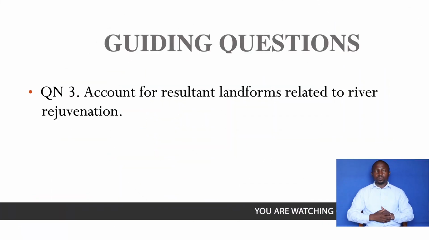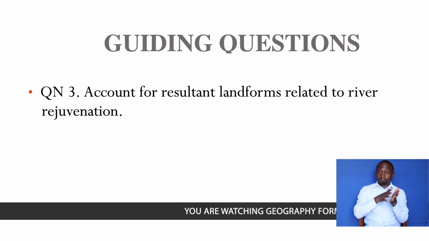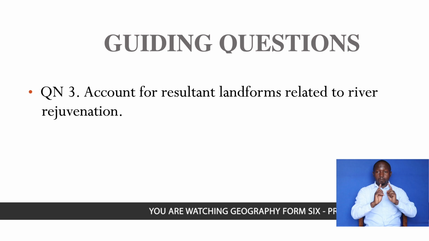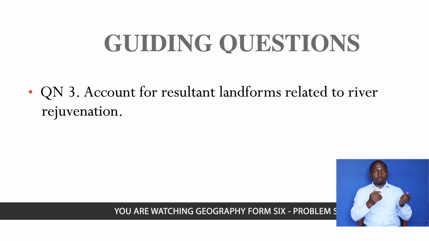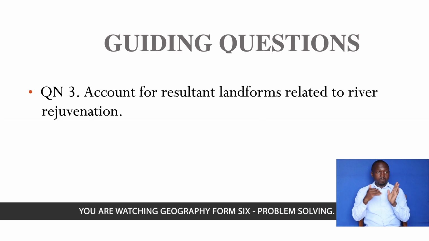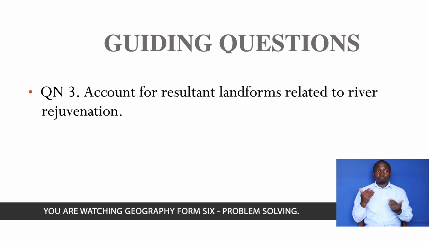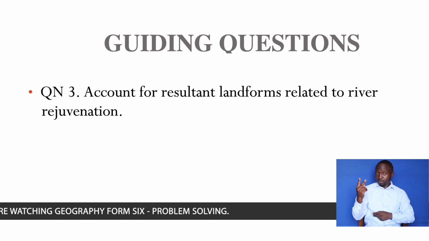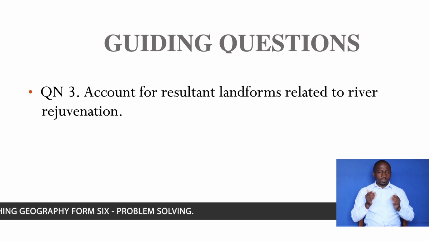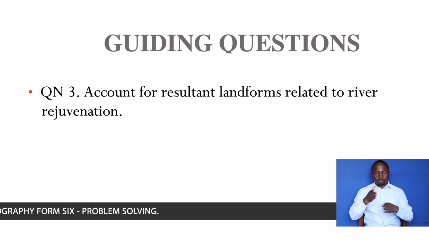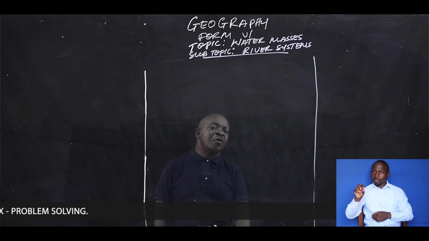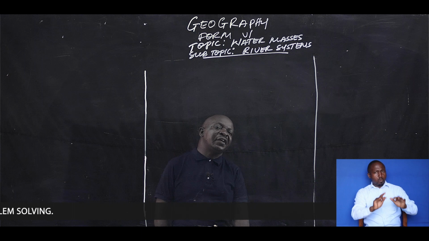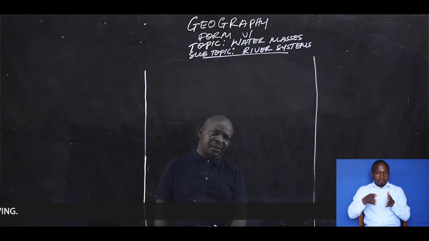The question itself is, account for the resultant landforms related to river rejuvenation. My dear students, up to this extent, as we regard what we had with question number 1 and number 2, we are competent enough with river rejuvenation. We know for sure that it is the renewal of erosive activity in the river system.